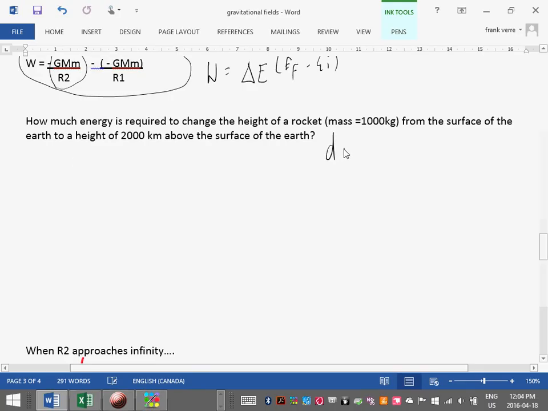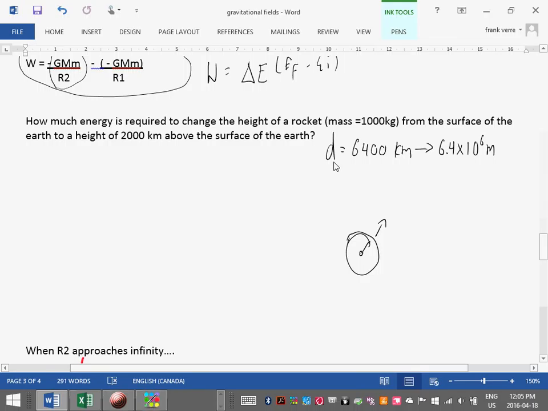What's the diameter of the Earth, first off? It was, I think, 6,400 kilometers, right? Now, Alex, going back to your question, this has to be in meters, so 6.4 times 10 to the 6 meters. We're going to take an object at the surface of the Earth, which is 6.4 million meters away from the center of the Earth, and lift it a height of 2,000 kilometers.